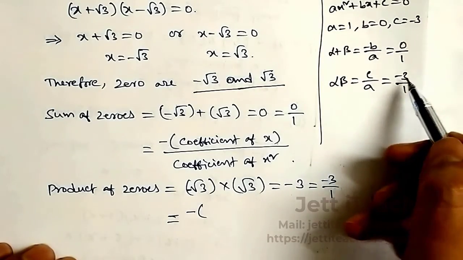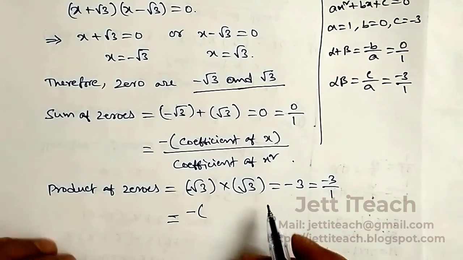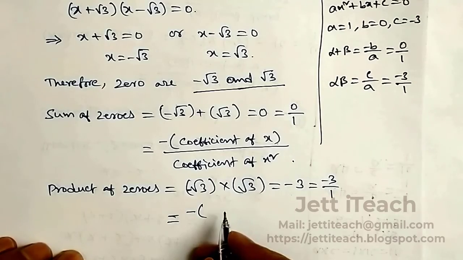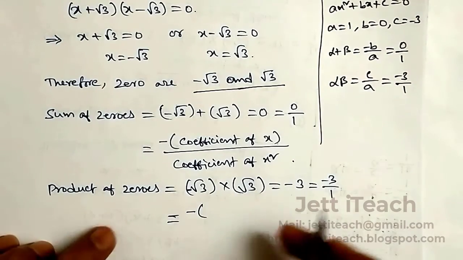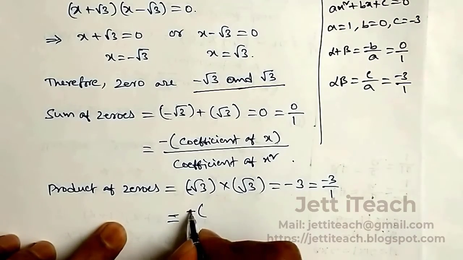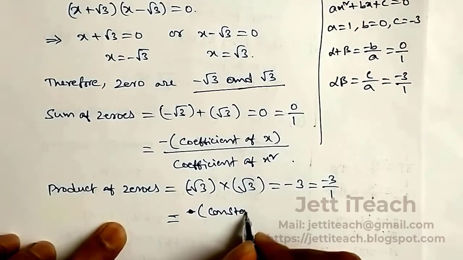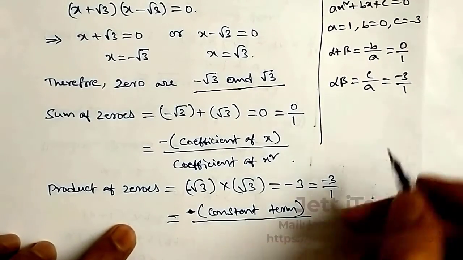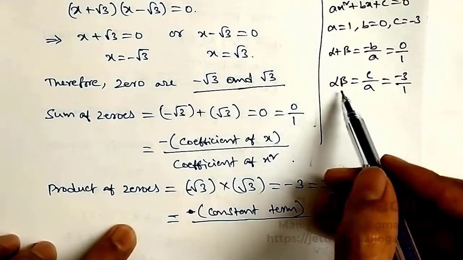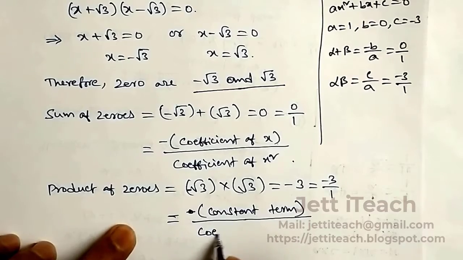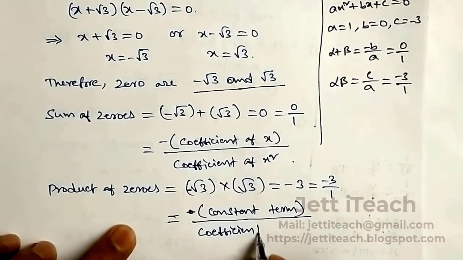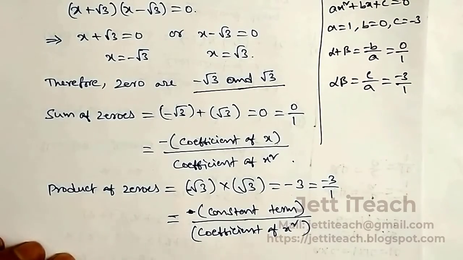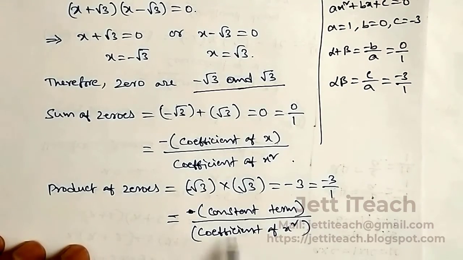What is minus 3 here? 3 means c. Not the coefficient, it's a constant term. Minus 3 is a constant term, divided by 1. 1 means a, the coefficient of x square. Product of zeros means constant term by coefficient of x square.